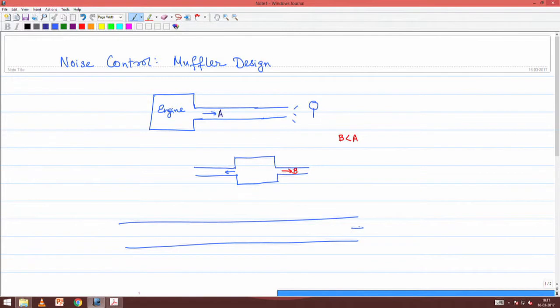We will pretend for now that the exhaust pipe is an infinite pipe; we will later come down to finite exhaust pipes also. There is only an incident wave which is going. Within this pipe there is no change in medium, no change in cross section, nothing changes, so there is nothing which can create a reflection.